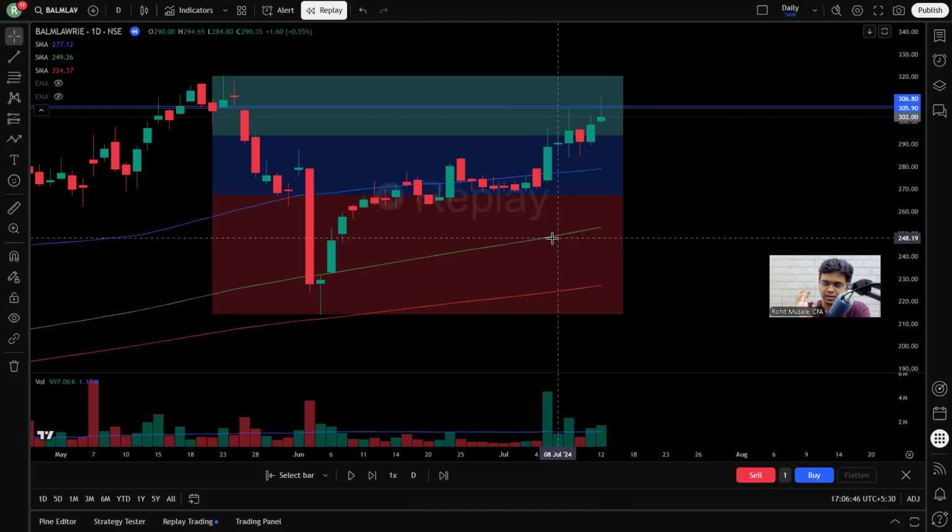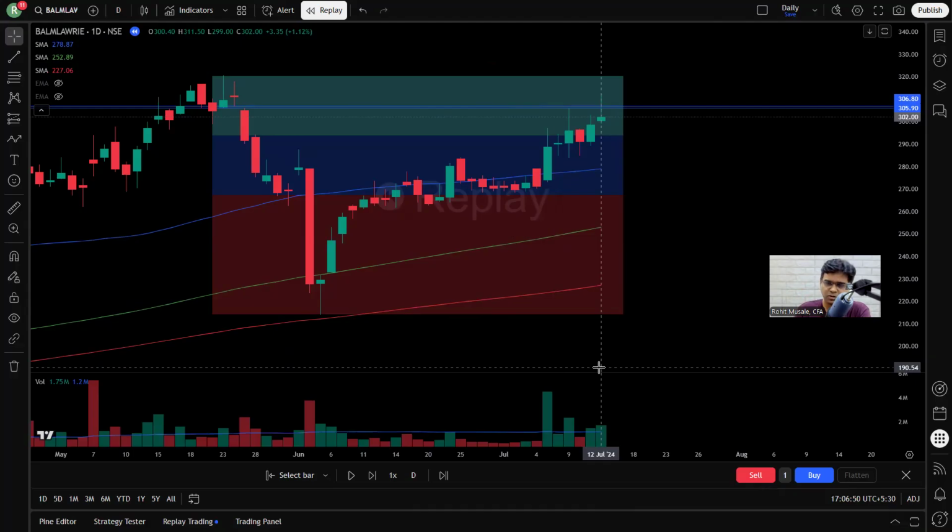Resistance means supply. The supply was not fully absorbed in spite of high volume coming in because of institutions. So there could still be some supply left there, which makes it a dangerous area. That's why this candle is more dangerous than the previous squat candle. That's why this candle was more disastrous.